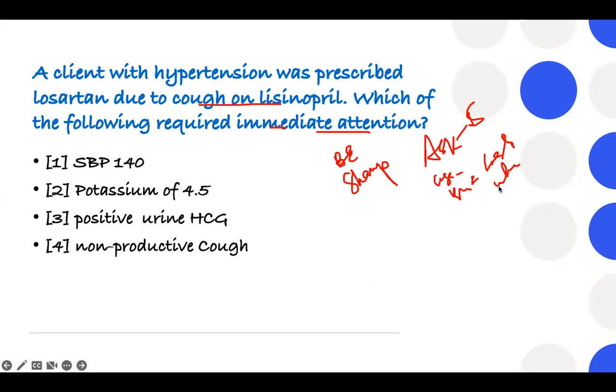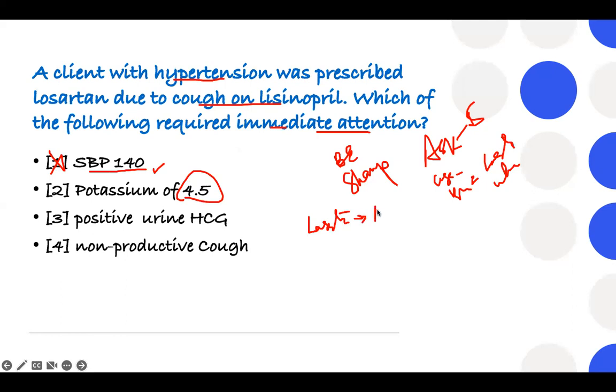Therefore, for BESHARP, you have to look for something that is bad and is going to kill the patient, or is going to cause morbidity or mortality. Systolic blood pressure of 140? The patient is hypertensive, so why do I have to worry about it? No. Potassium of 4.5? I know losartan. Then you go back to your content.